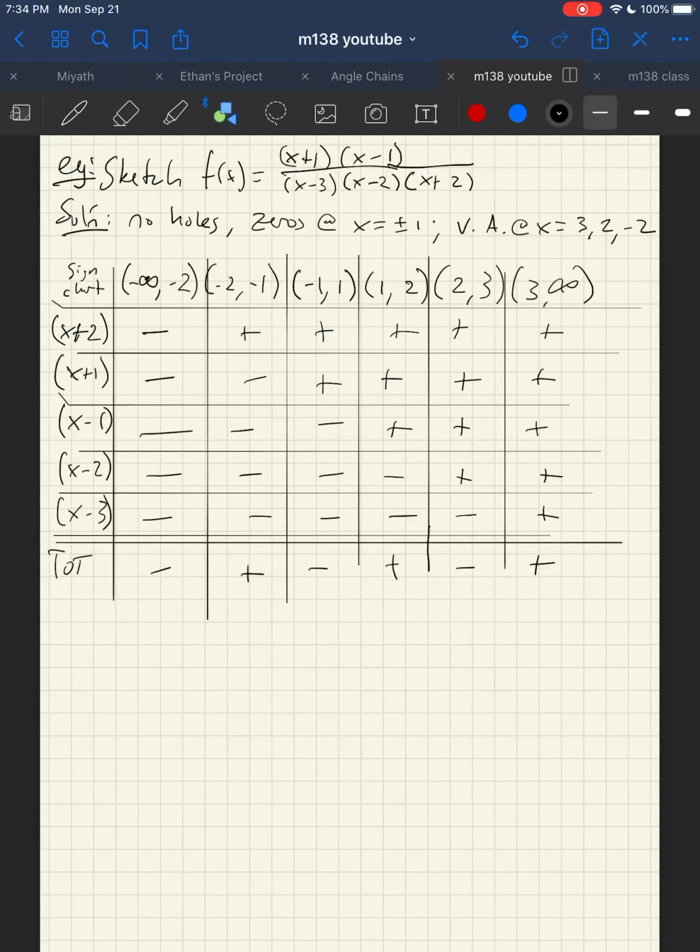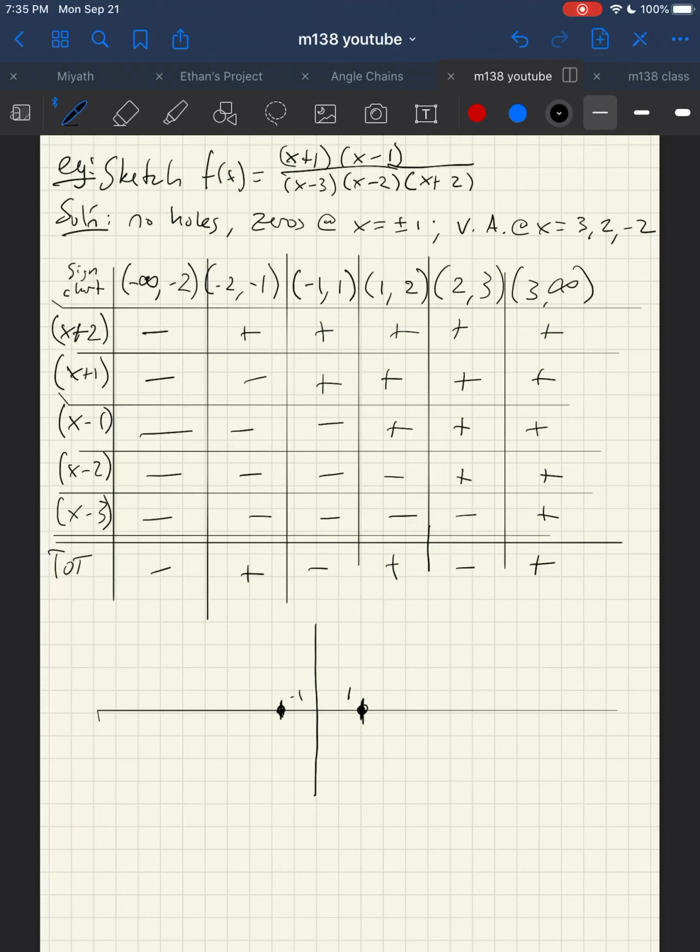So this is my total behavior of my graph. Okay, so now I'm going to make a little mark in here for 0. Now I can treat this as my real number line, and I just list off the zeros at plus and minus 1. So here's negative 1, here's positive 1.